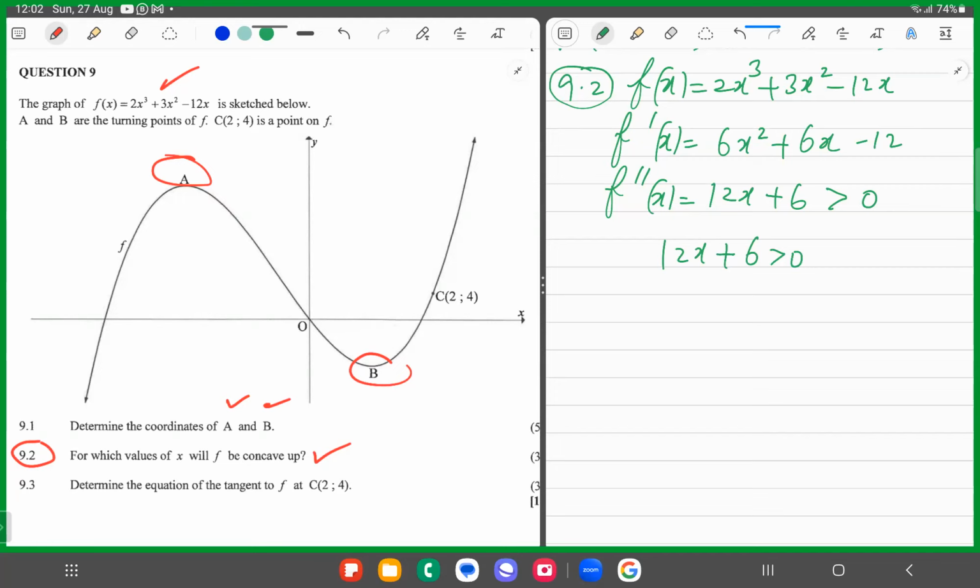Okay, let's write properly. Which means that you have 12x.